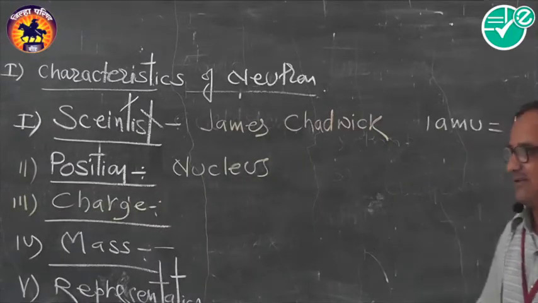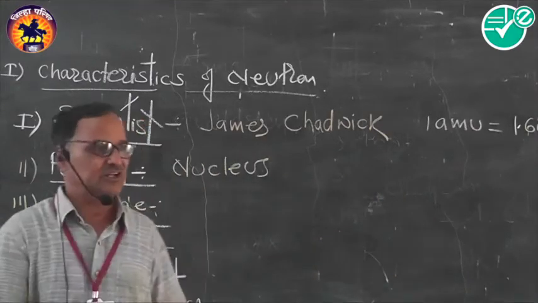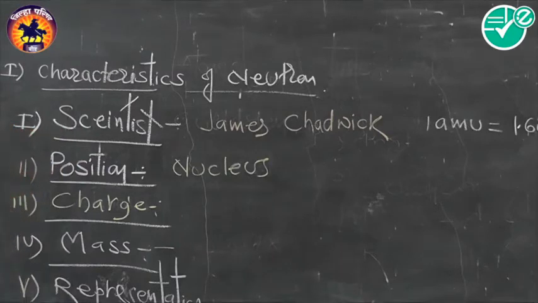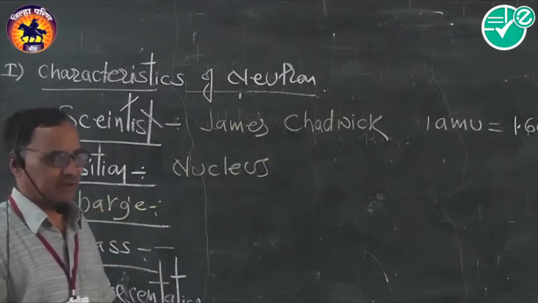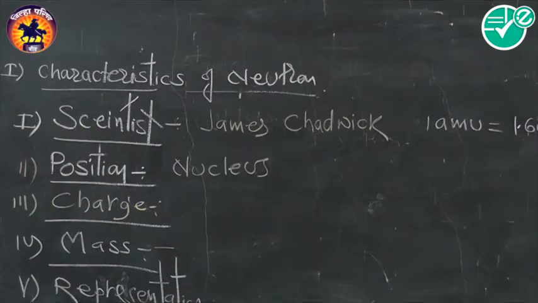James Chadwick is responsible to explain the characters of neutrons only. So James Chadwick discovers the subatomic particle neutron which is present in the nucleus of an atom.